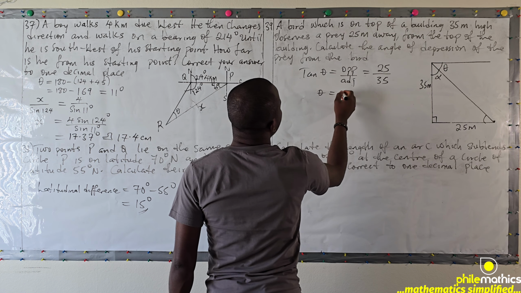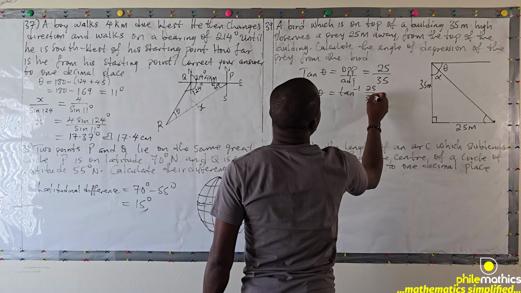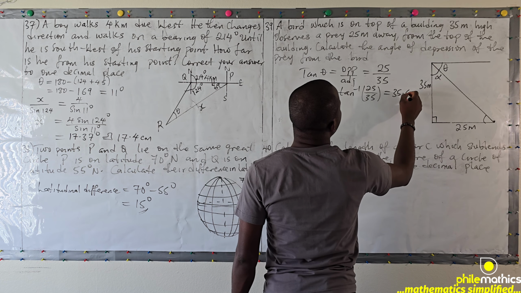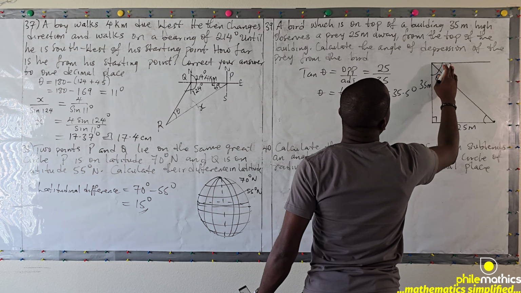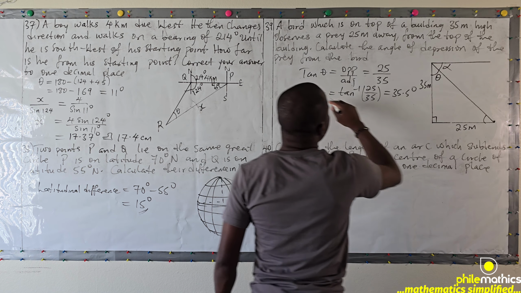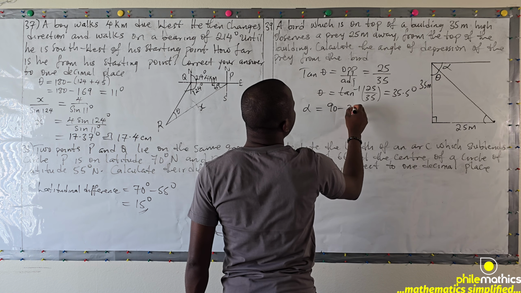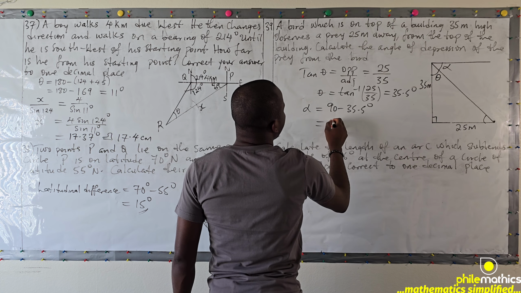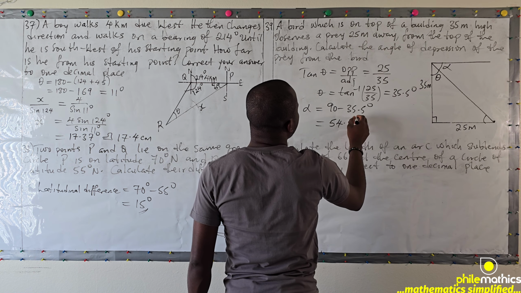So theta will be tan inverse of 25 over 35, which will give us 35.5 degrees. Sorry, let's call here theta and here alpha. So what we're looking for is alpha. Alpha is simply 90 minus 35.5 degrees. This will give us 54.5 degrees.